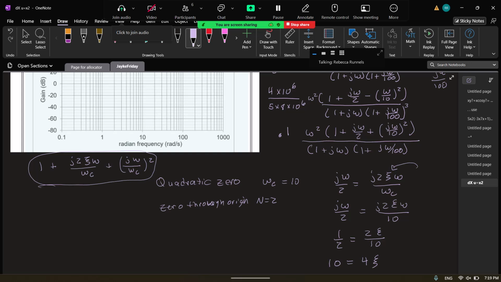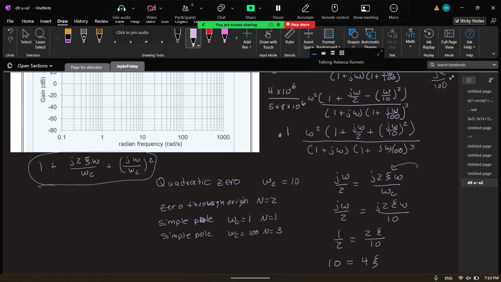And I have a simple pole with corner frequency 1 and order equals 1, and a simple pole with corner frequency 100 and n equals 3.